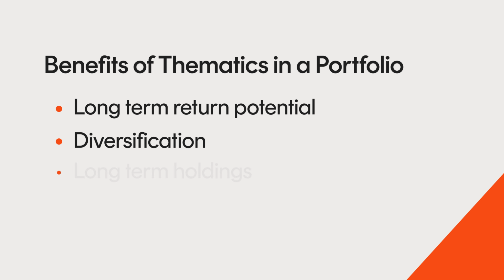Again, due to paradigm shifts that thematics often represent, thematics often demonstrate low correlations to broad-based indices. This adds to the diversification of a portfolio overall. A third and perhaps less considered benefit involves how you use thematics in a portfolio. If you hold them as a satellite with the goal of holding for the long term, it is the case that timing the investment is less important. Getting timing right for cyclical investments is vital.